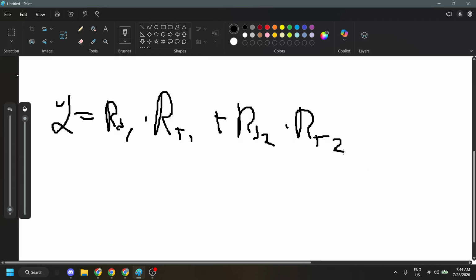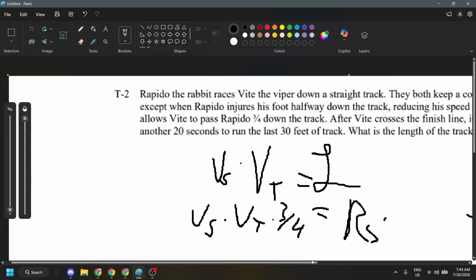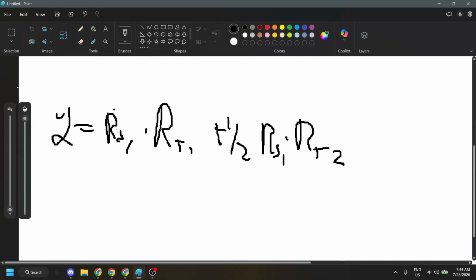So what do we know? We know that rabbit speed 2 is 1/2 rabbit speed 1. Okay. We also know that this is equal to this.